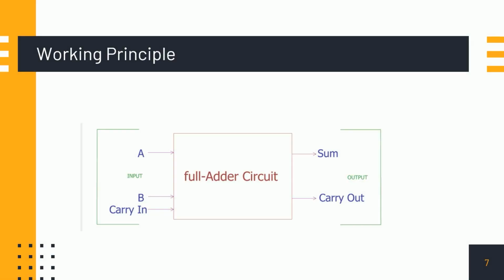Before discussing different kinds of full adders, we have to know the basics of it. The half adder circuit has a major drawback: we cannot provide a carry in bit for addition. In the case of full adder construction, we can provide carry in as an input in the circuitry and add it with the other two inputs.